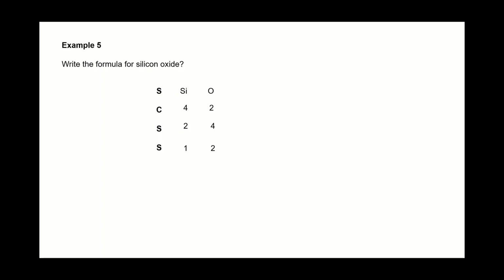They both share 2 as a common factor. Therefore, we get 1 and 2 once simplified. So the formula for silicon oxide is SiO2.